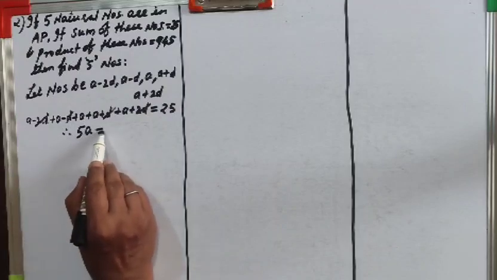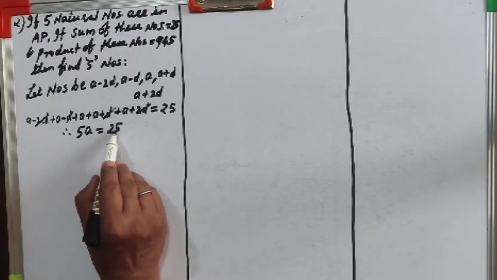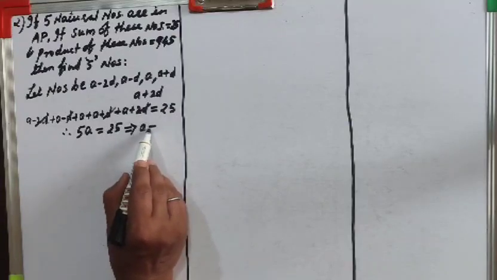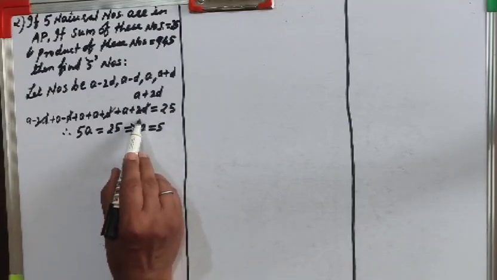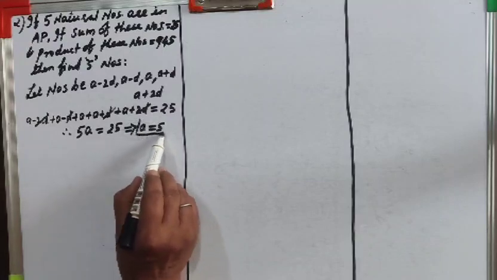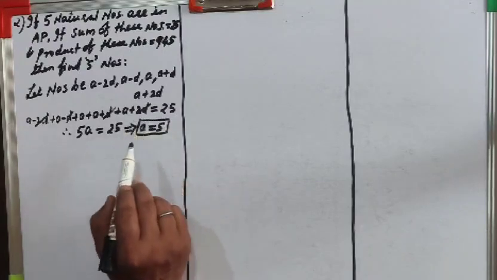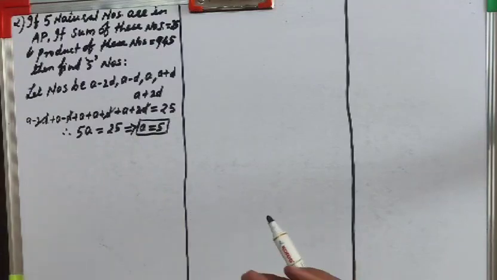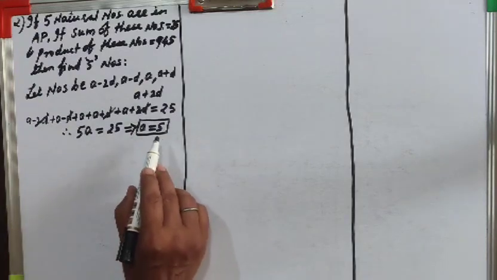Therefore, 5A equals 25. So this implies that A equals 5. See children, how easily we got the answer A equals 5. But we have to travel more and more. We are not near our answer, but surely we are on the right track. We got A equals 5.